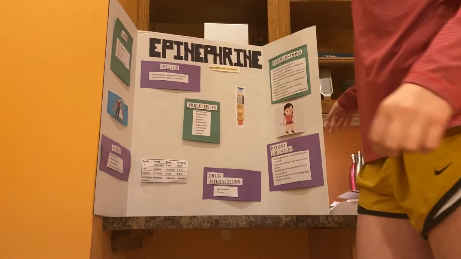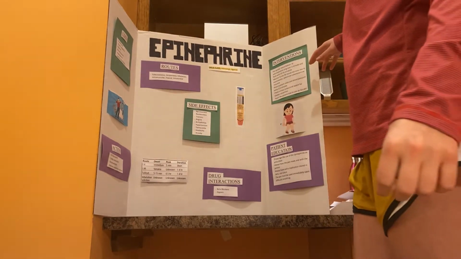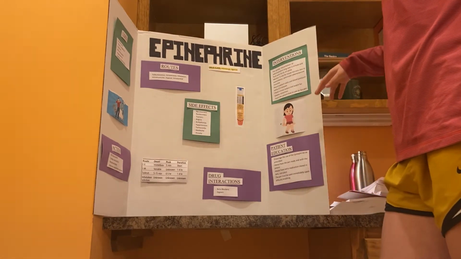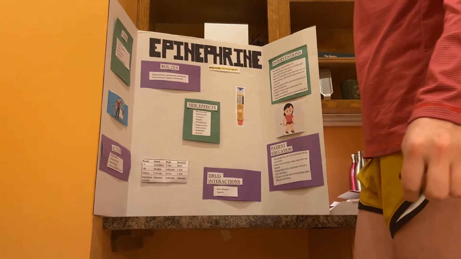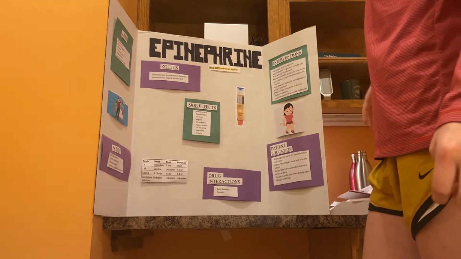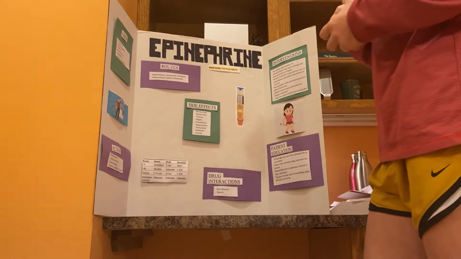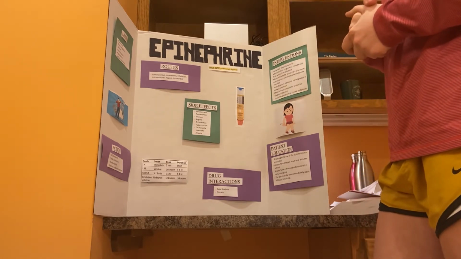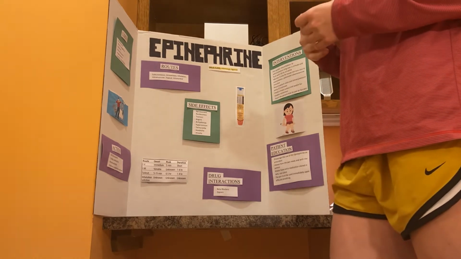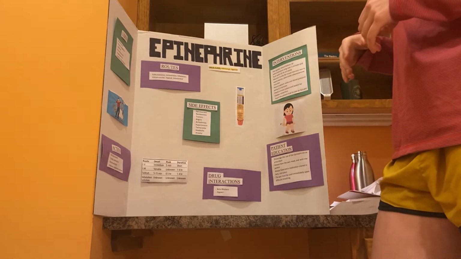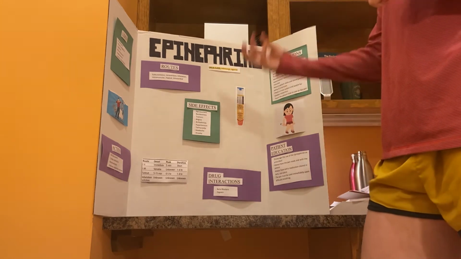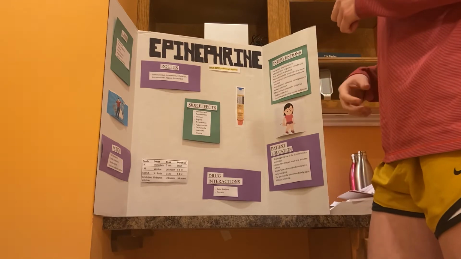And then over here I have interventions. For cardiac resuscitation, you can give it IV, and you administer that 1 milligram over a minute, and you flush it out over a minute with 20 milliliters of saline.